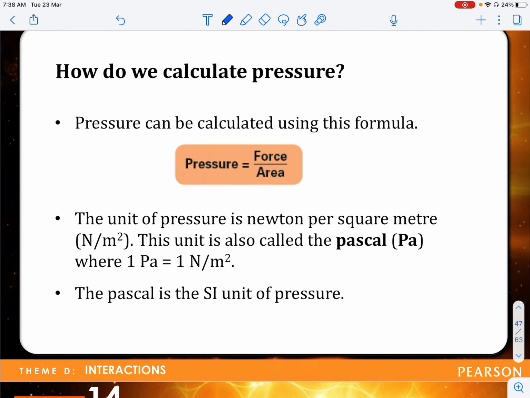Like what we shared, how do we calculate pressure? Pressure can be calculated using this formula, force over area, where the pressure is in Newton per meter square, or it can be in Pascal. Area will be in meter square, force will be in Newton.